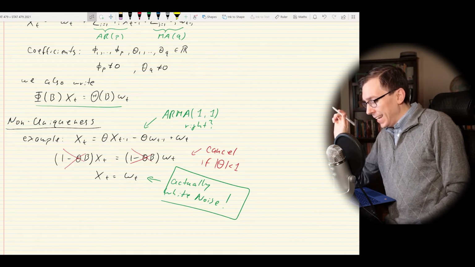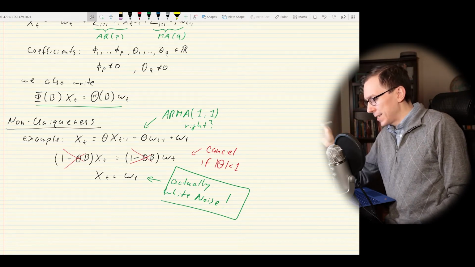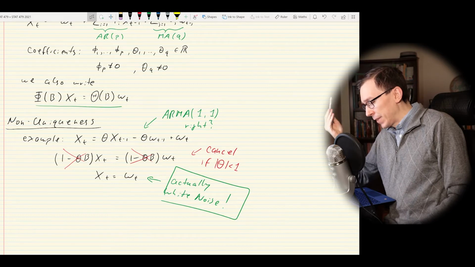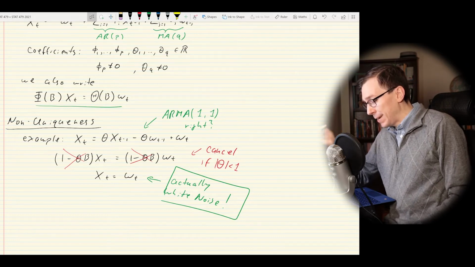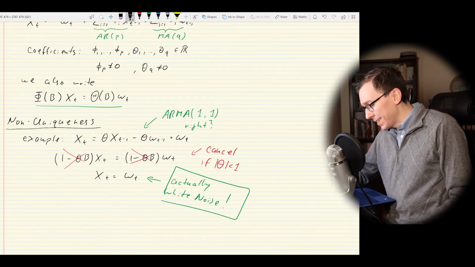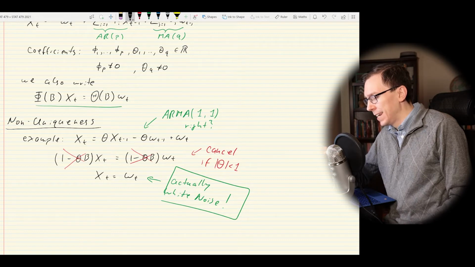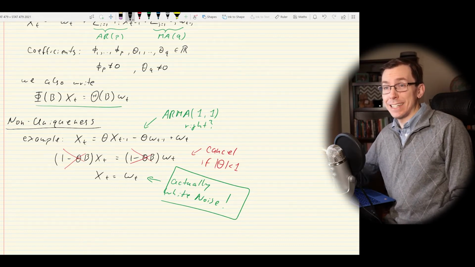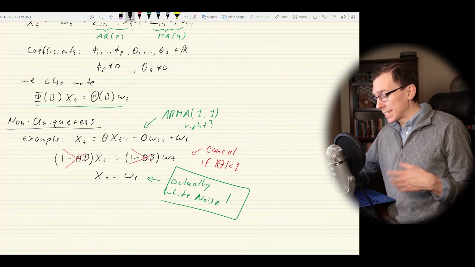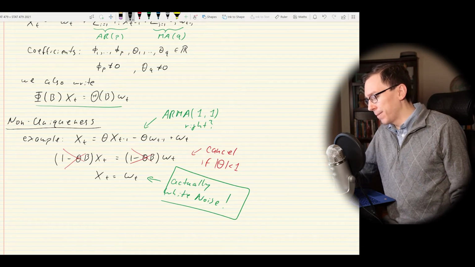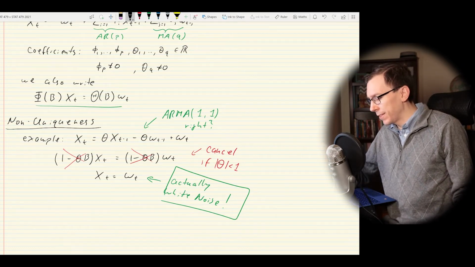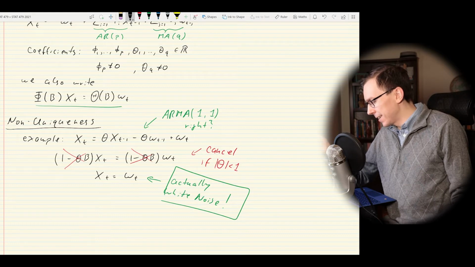So that's another key thing, and it's a good little exercise to go through because if you're trying to estimate terms in a model, you could find that you just get white noise out. Or if you try to fit an ARMA(1,1) process to the same white noise, you might actually do that, but you're going to end up with coefficients of theta, whatever theta is. In this case, theta is not even unique.